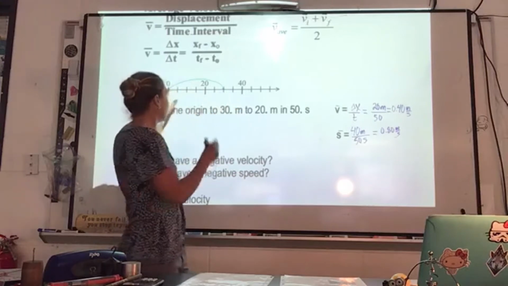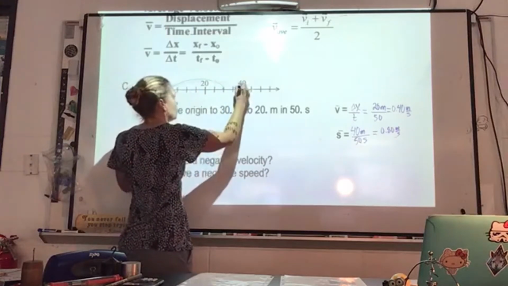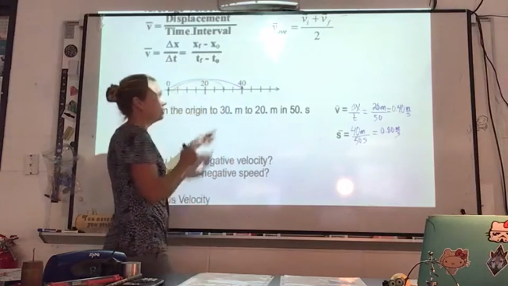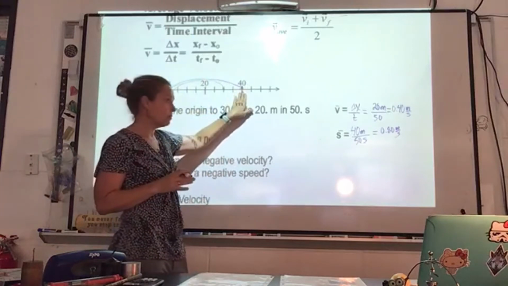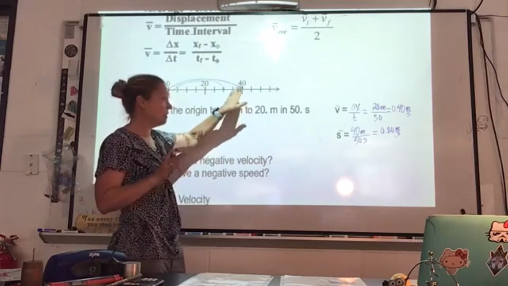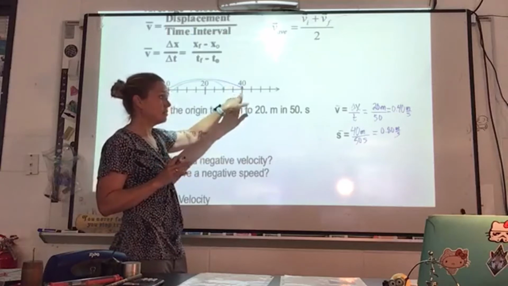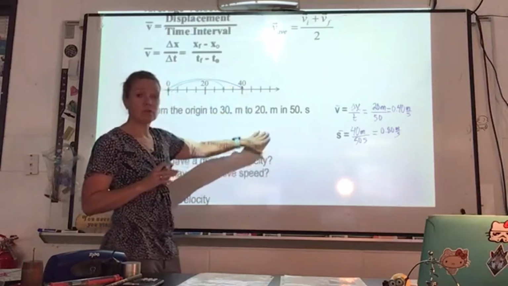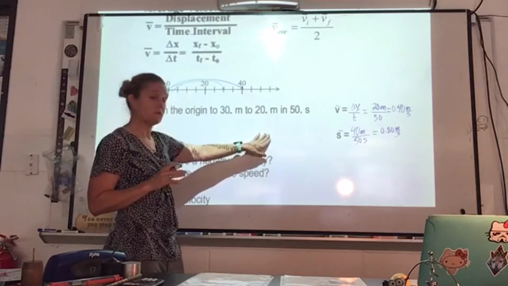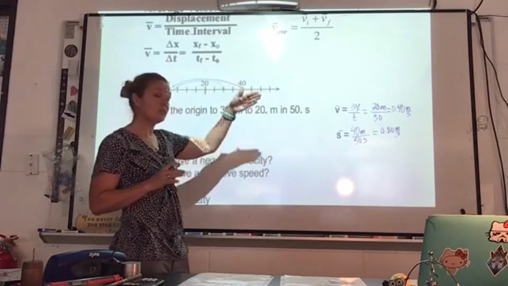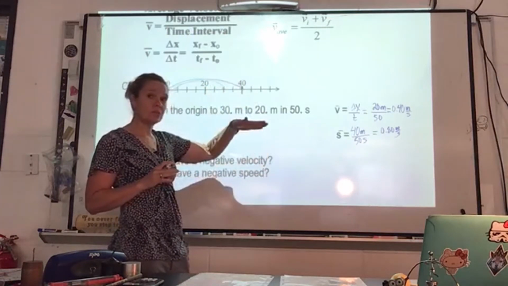All right. If I just went straight to one location, if I just went to the 40-meter mark, then both the velocity and the speed would have been 0.80. Okay? Because then my distance and my displacement would be the same.